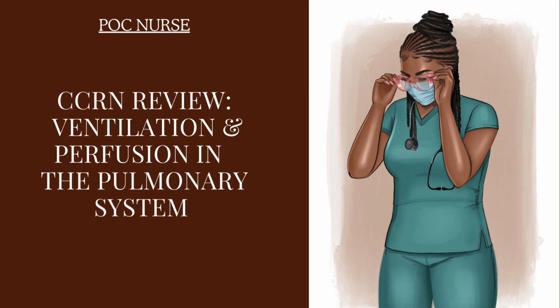Now, the normal value is 0.8, 4 liters over 5 liters, 0.8. In this case, anything that affects ventilation, maybe reduces ventilation, or anything that affects perfusion, maybe a blood clot in the pulmonary capillaries, can cause abnormal gas exchange if the body cannot compensate successfully.